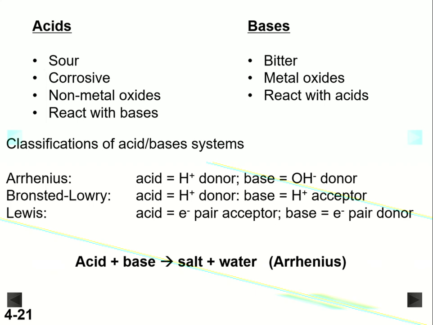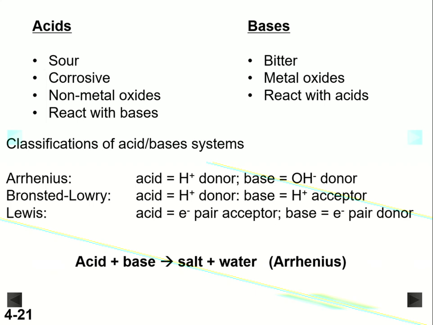And a base is something that is a hydroxide donor. So for example, HCl, hydrogen chloride, when it goes into water, it's hydrochloric acid. It's an H plus donor. A base might be like NaOH, sodium hydroxide. When that goes into water, it forms sodium Na plus and OH minus.